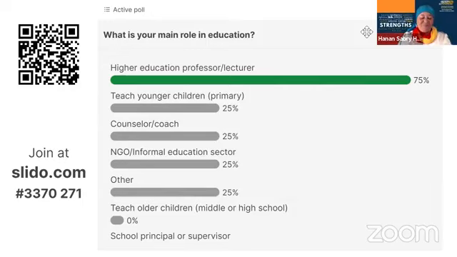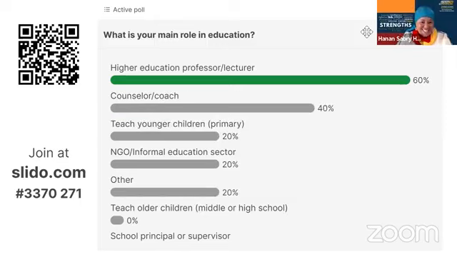If your phone is with you and you have a QR reader, the camera can see it. If you choose it, it'll bring this up and you'll be able to answer the question. But if you don't have your phone, you can just go to slido.com and enter this code, 3370271. Okay, I did answer.